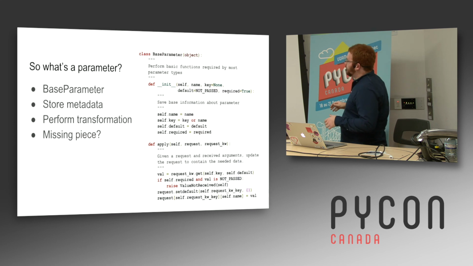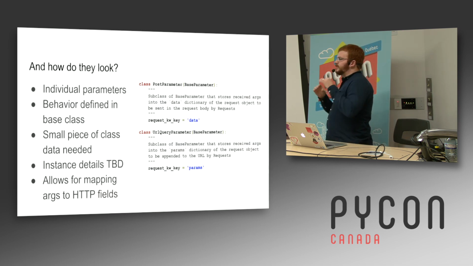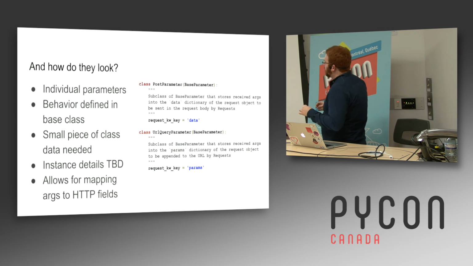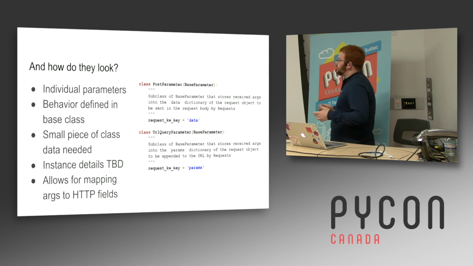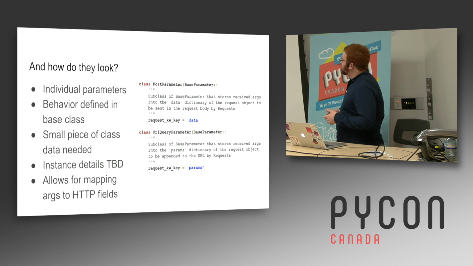We take this base class and we define this request keyword key. And essentially what we're doing is we're taking the behavior that's defined in that base class and combining it with this tiny bit of data. And we have a composite class that has all the details we need to take an incoming parameter and transform it as needed.